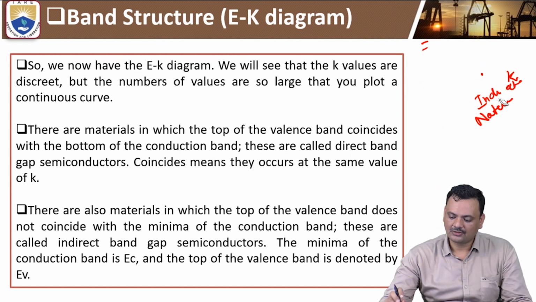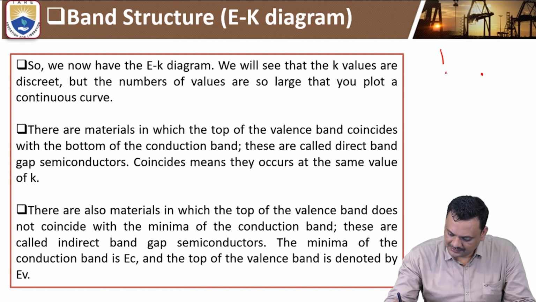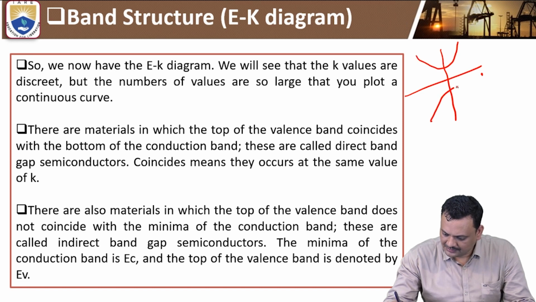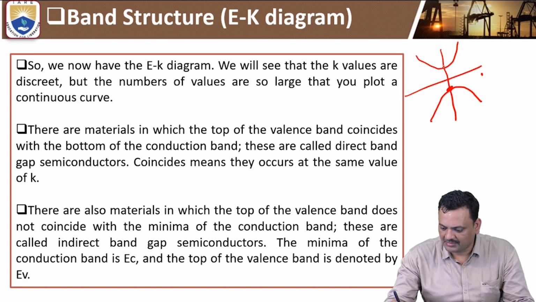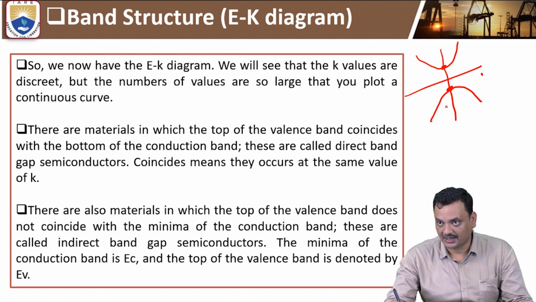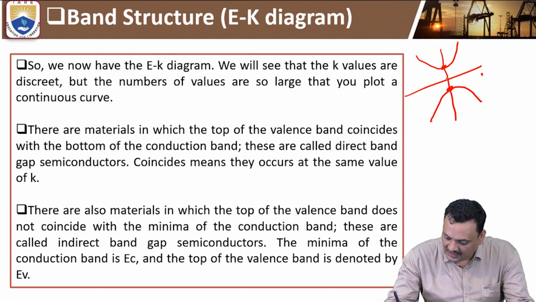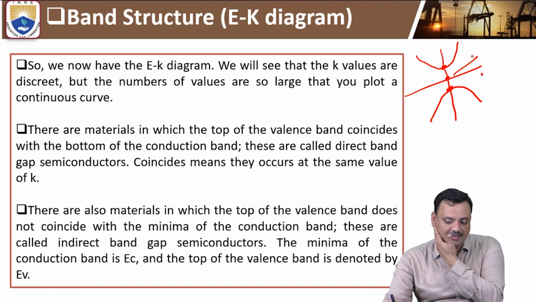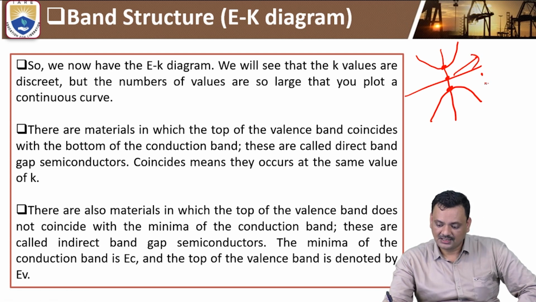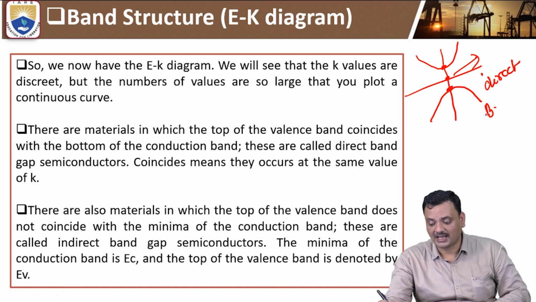Now this is your top of valence band, this is your bottom of conduction band, and they are exactly existing on the same K point. So such type of material is known as direct band gap material, or such type of band gap is known as direct band gap.